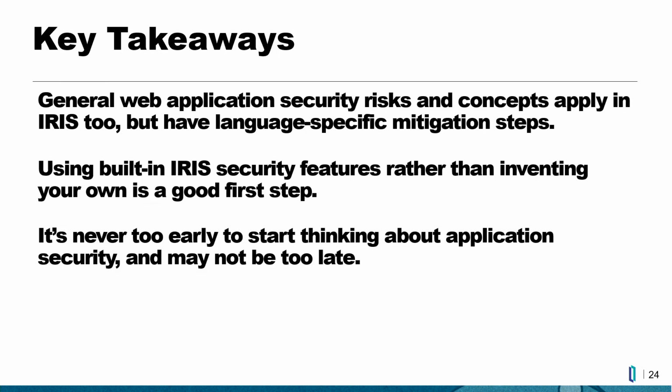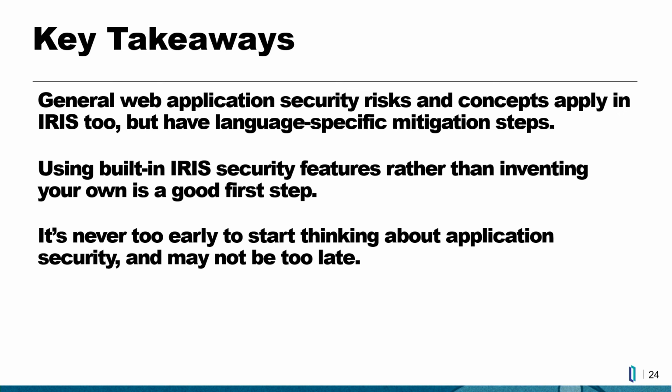So that was our quick tour of all of the OWASP top 10 categories. Just to reiterate some of the key takeaways we hope you got away from this. The first one is that all of the general web application security concepts, all of the risks that you might be familiar with from other platforms are also going to apply in IRIS.